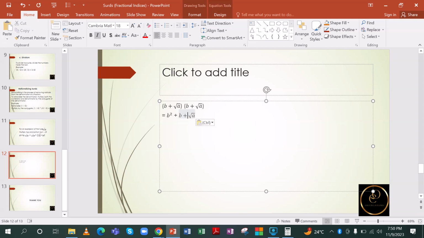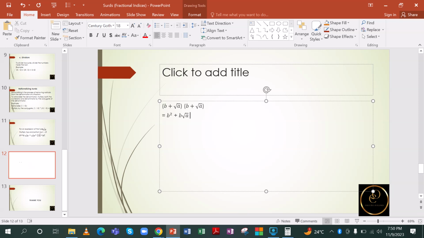So that's what you have there. Once you have multiplied B times B, you get B squared. Then B times the square root of A, you get B times the square root of A.